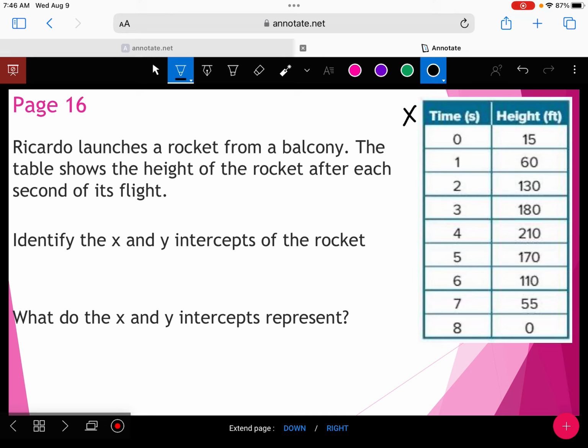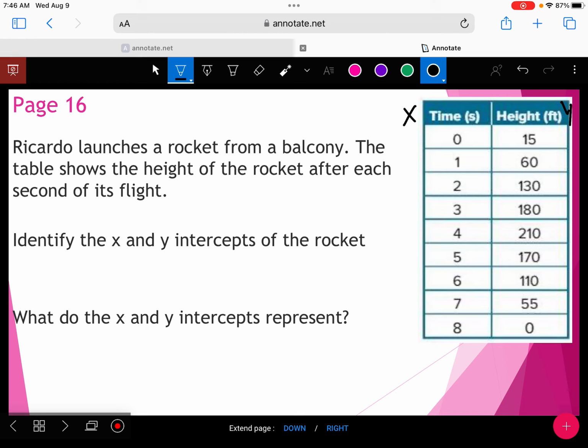I can say, well, it started at 2 seconds, or it's 5 seconds when it launched. I can't say, well, I'm going to put it at 20 feet and make it time travel back in time. I cannot change its height and make time change. I can change the time and make its height change. But I cannot physically move the thingy and make it change time. Because we can't change time. So time is always going to be our x. Always.